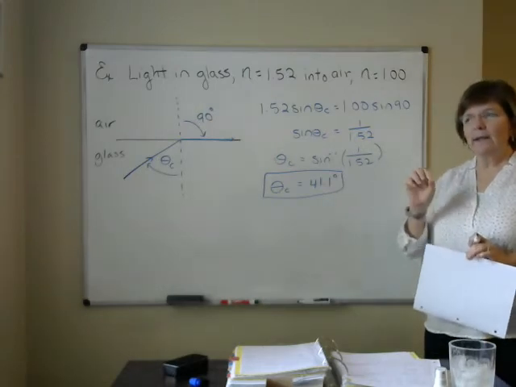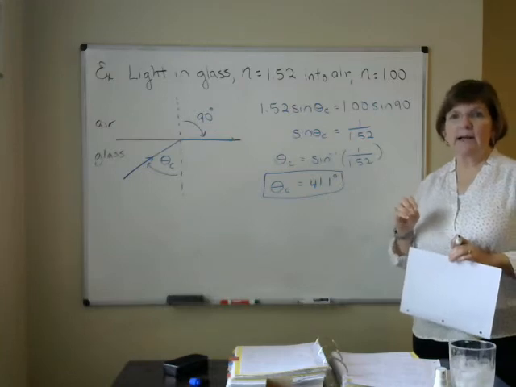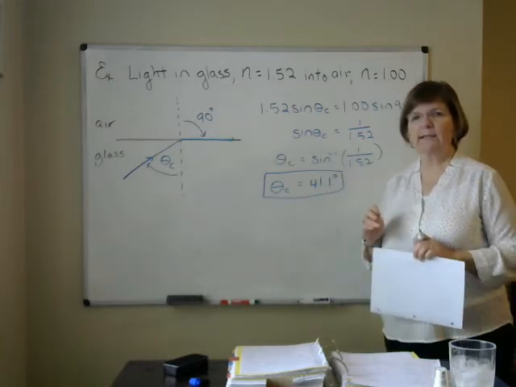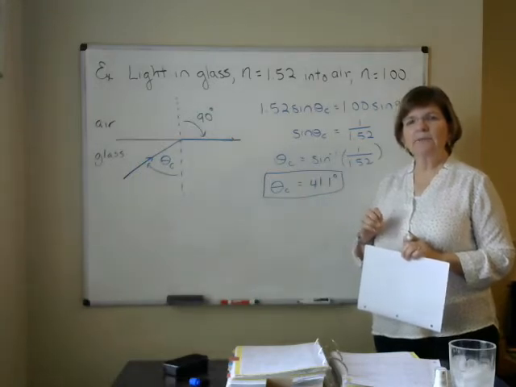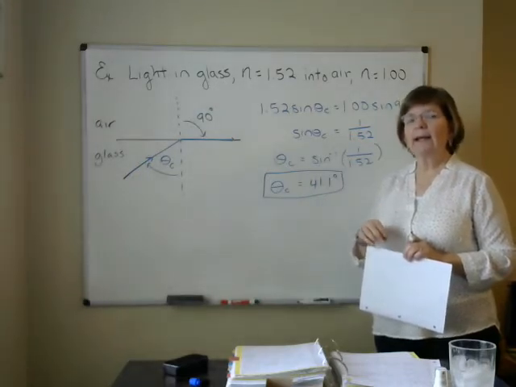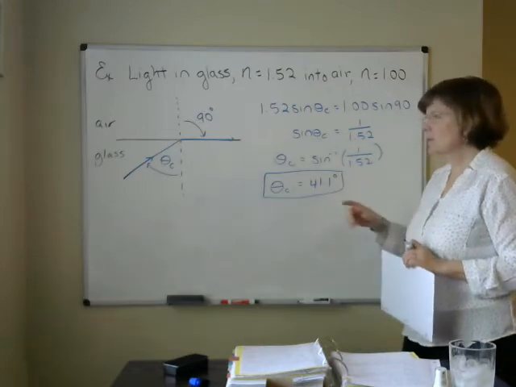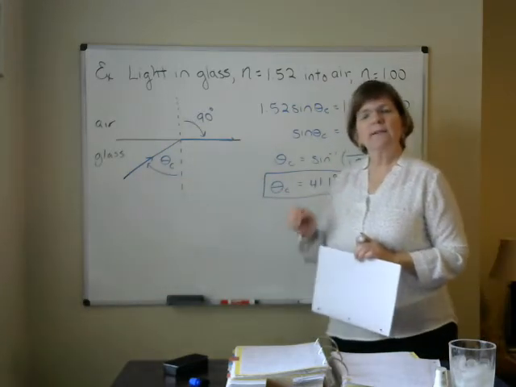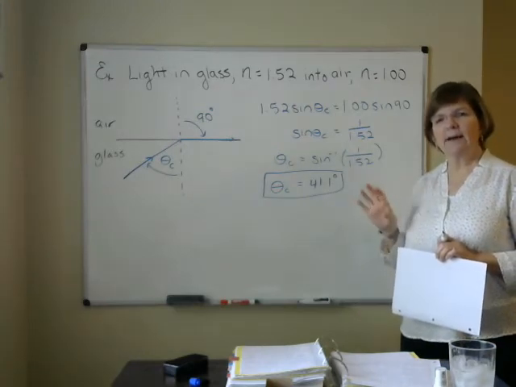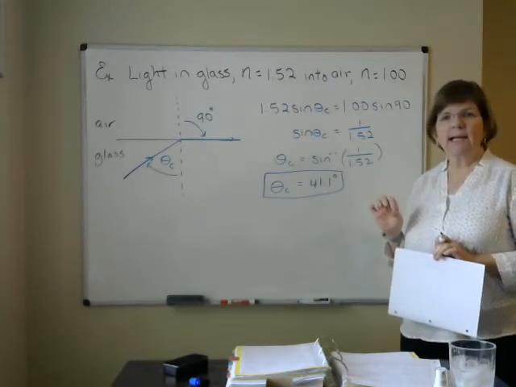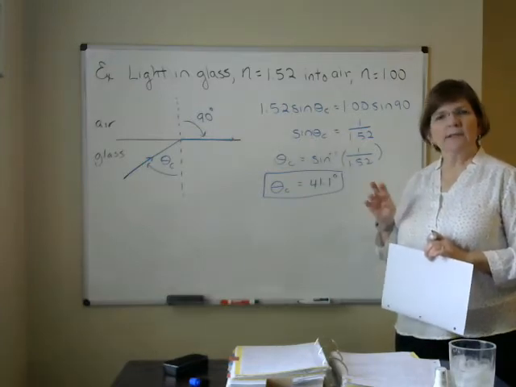One, light travels slower through a diamond because it has a high index, so it literally takes a little longer to travel through. But second of all, diamonds are cut in such a way that it's hard for the light to escape once it enters because of this total internal reflection. So the light tends to bounce around in there a few times before it can get out of the diamond. So it makes diamonds and other types of gemstones that are cut well to look sparkly.